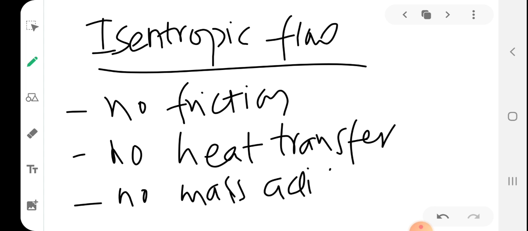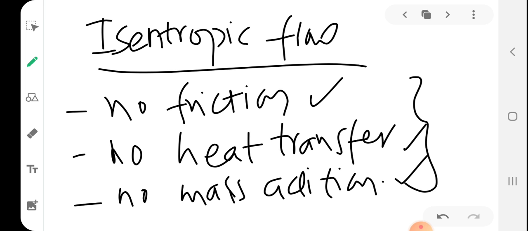So no mass addition, no friction, no heat transfer means adiabatic flow. No friction means there is no loss due to friction, so the process will be reversible. No mass addition means there is no incoming heat or work with respect to the mass being added. It is not bringing any kind of energy with the mass. So it can be an isentropic flow. Isentropic flow means reversible adiabatic.